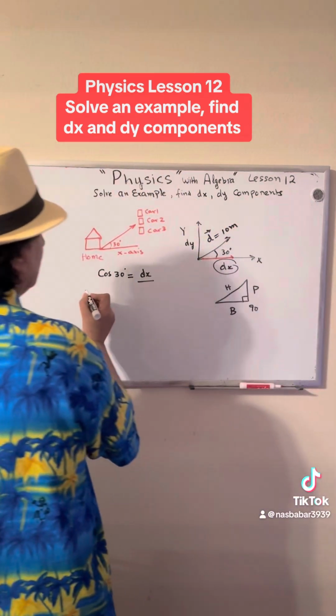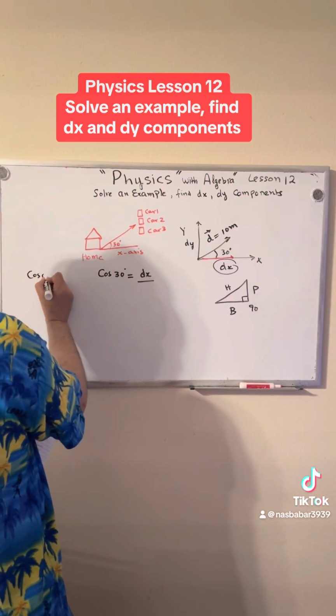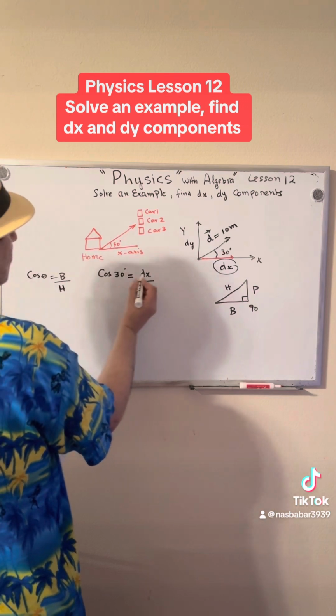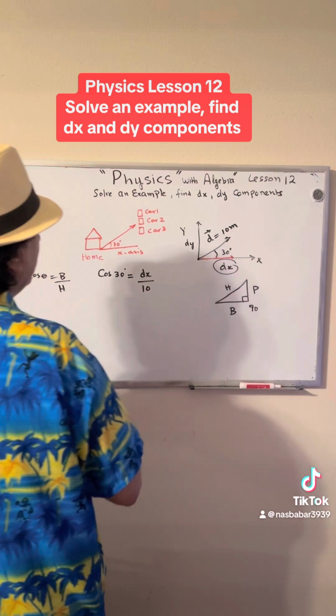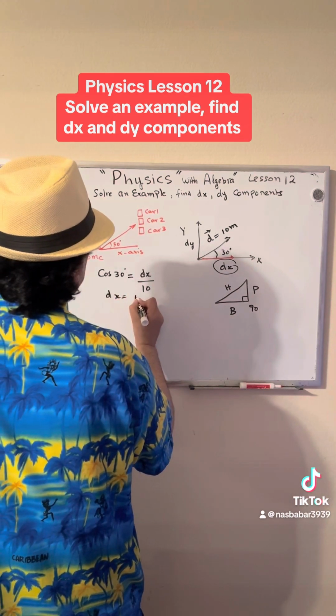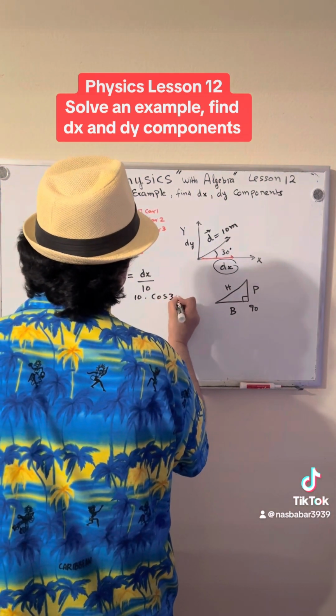So cosine theta is equal to base over hypotenuse. dx is base and hypotenuse is 10. Then I can find dx, which is equal to 10 times cosine of theta, 30 degrees.